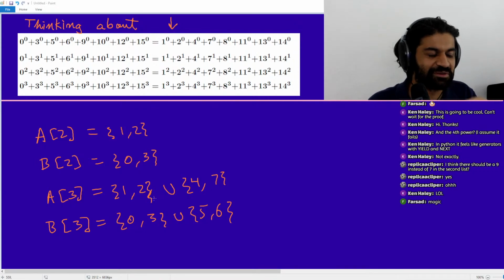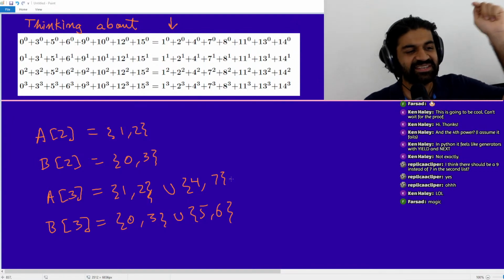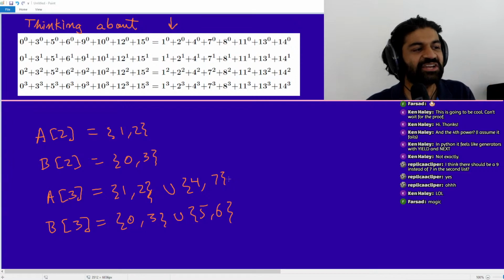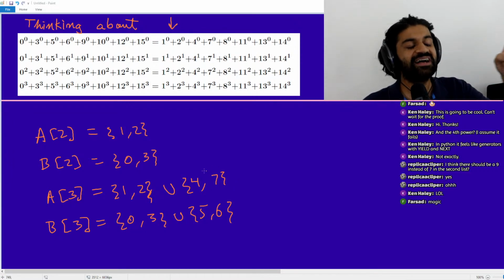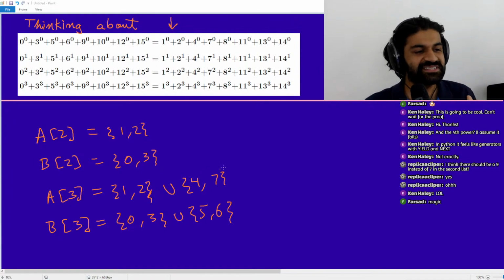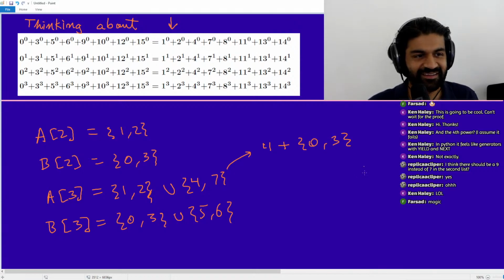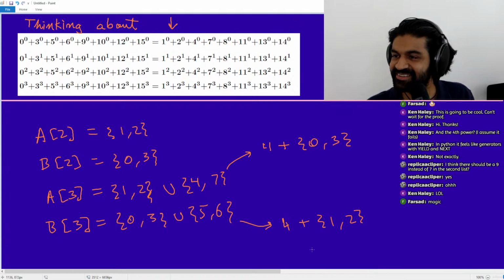But I want you to notice that the piece you add is the appropriate power of 2 plus the other one. So 4, 7 is just 4 plus 0, 3, and 5, 6 is just 4 plus 1, 2.